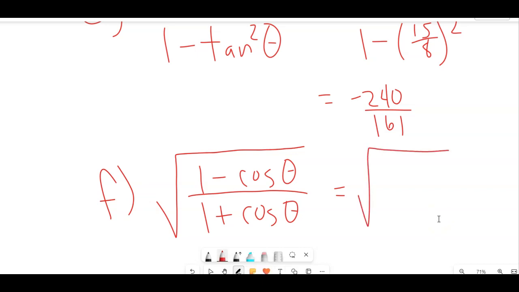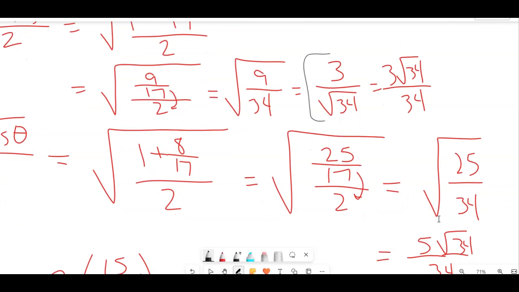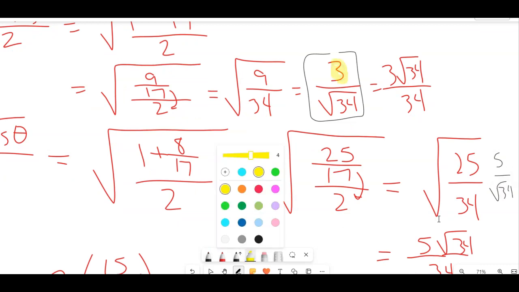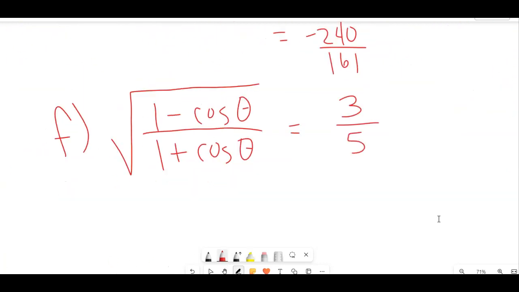So once again, I could plug in these values for cosine, which was the 8/17, like I did before, but I've already calculated the half angle cosine and the half angle sine on C and D. So right here, when I had this 3 square root of 34, and then this one, the 5 square root of 34, dividing sine divided by cosine. This was sine, this was cosine. I'm just going to get those numerators. Just like any time that we do this and the denominators are the same, we can just grab the numerators. So 3 divided by 5 is my half angle tangent.